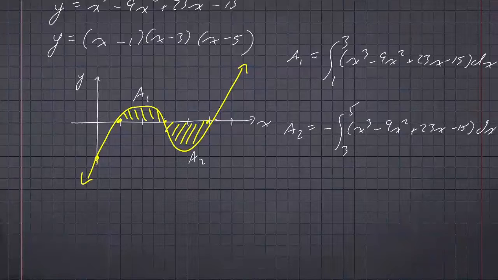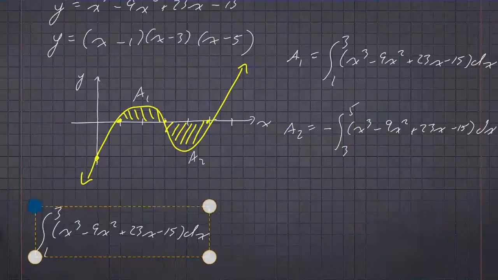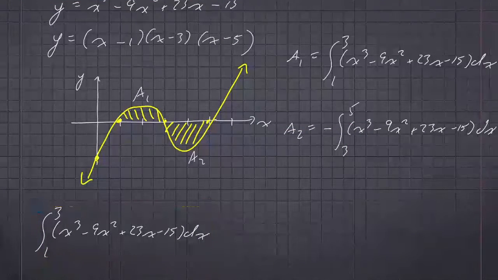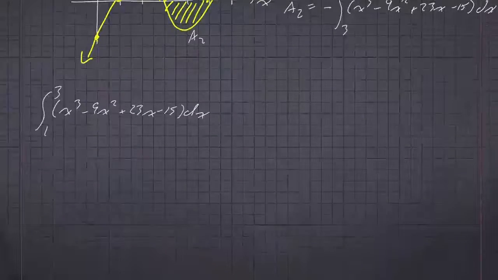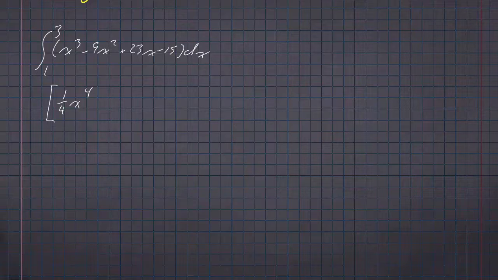All right. So starting with this one, this is a simple polynomial, and polynomials can be integrated using linearity and the power rule. The integral of x cubed is 1/4 x to the 4th.